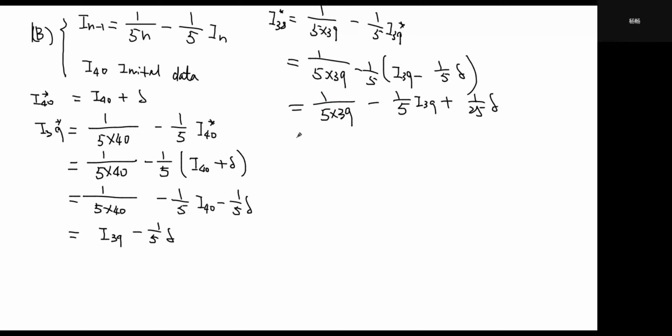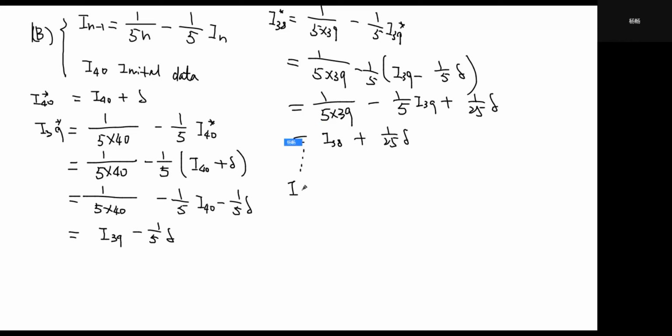I think this calculation is not difficult for you. The first two terms together give I38 exact plus 1/25 delta. What you observe is that the difference between the approximated I38 star and I38 is 1/25 delta.